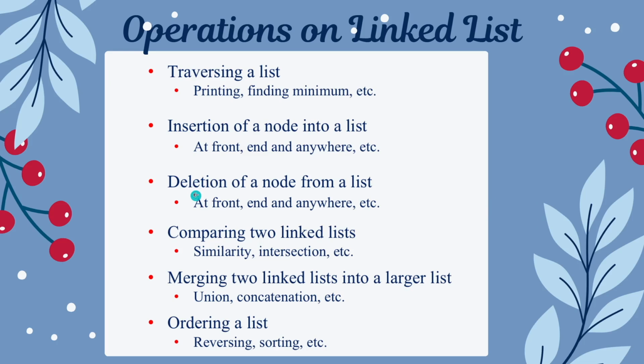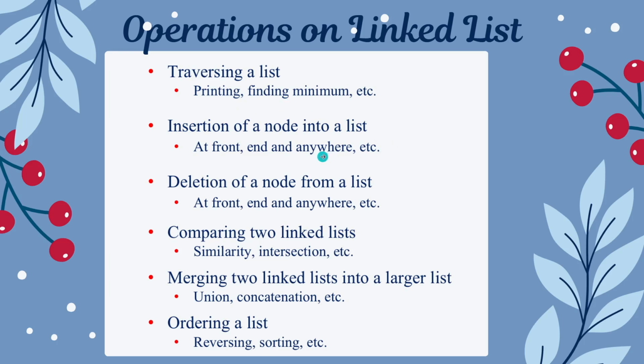Since linked list is an abstract data type, we will have a look at what operations are permissible on a linked list. We can traverse a list, and we can use the traversal operation to find the minimum or maximum element in a list, or even print all the elements in a linked list.